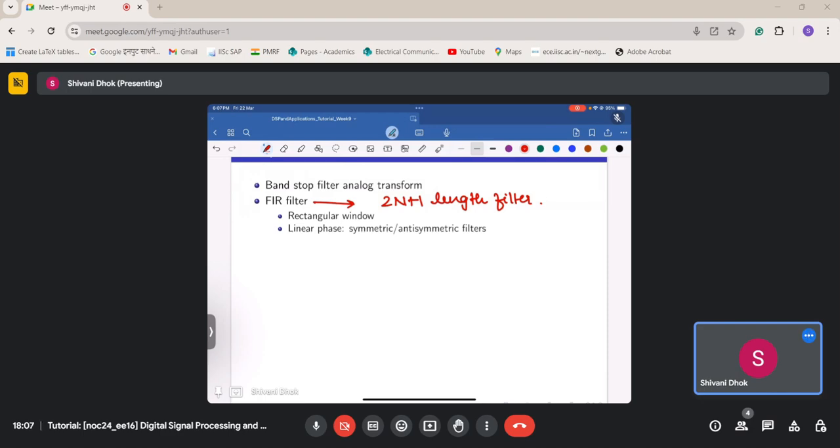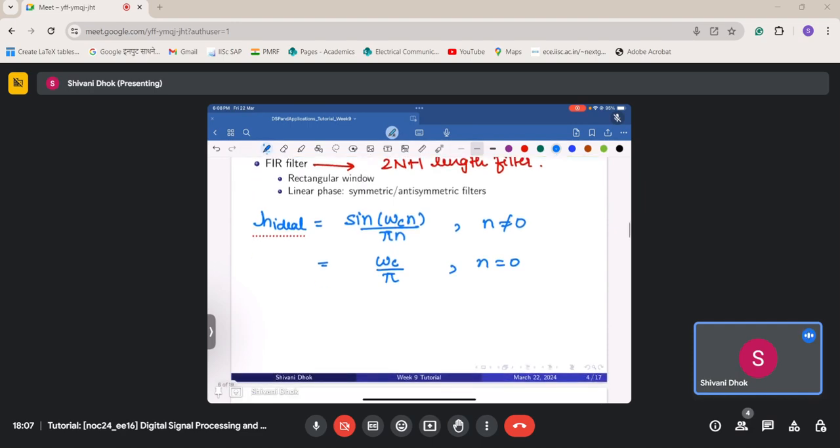When we have this filter, we make use of the formula of the ideal filter, which is H ideal equal to sine of omega c n upon pi n when n is not equal to 0, and equal to omega c by pi when n equals 0. We tried to take the most significant values of this filter symmetrically from the left and right side of 0, so as to save our linear phase.